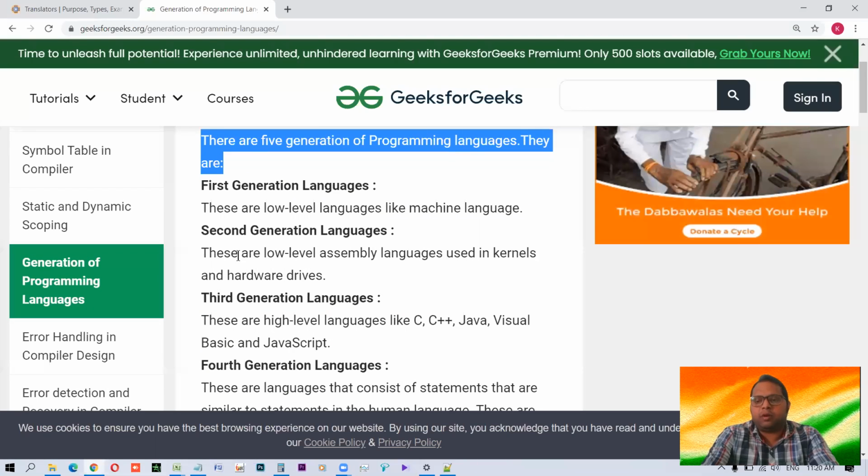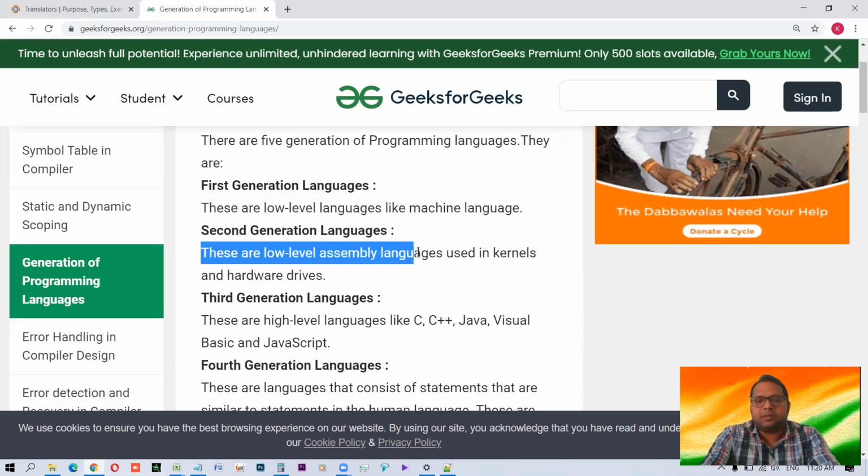Then, looking at these problems, a new language was developed, which is also known as second generation language, and this language is assembly language. This assembly language consists of different codes in place of binary code like 0 1 or 1010.